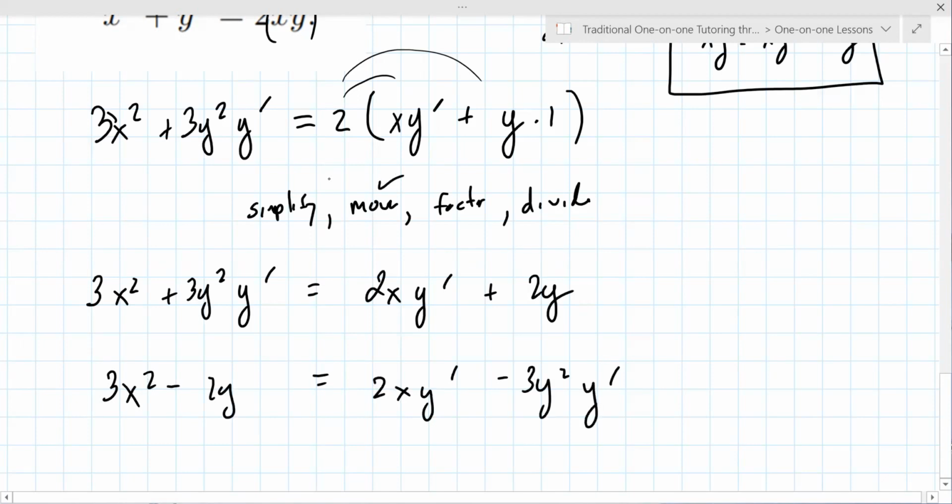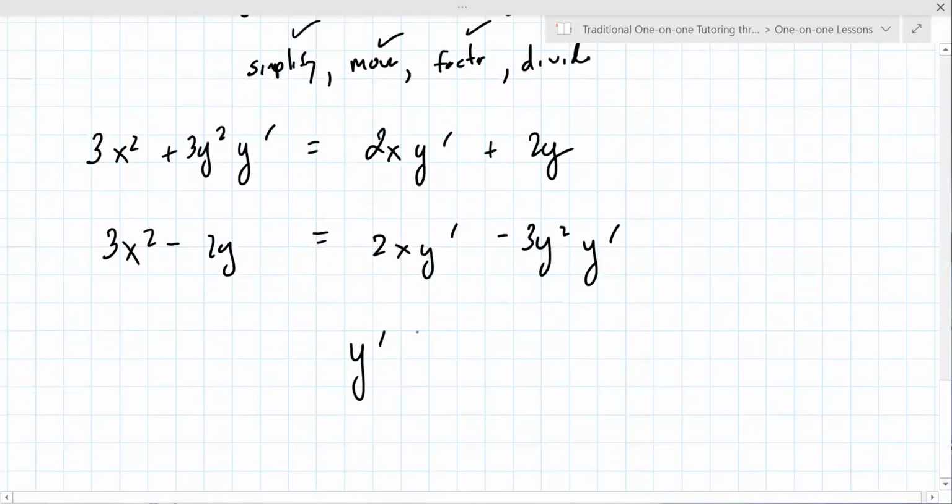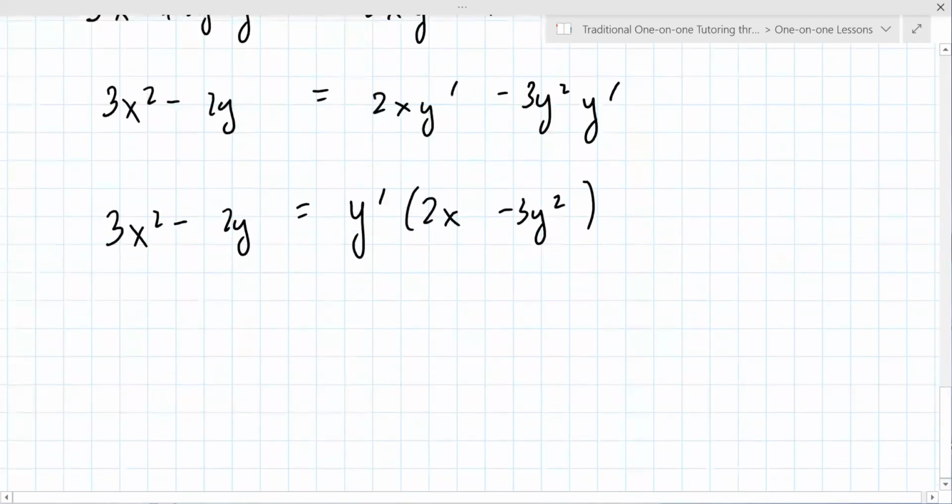And then now you factor. So 3x squared minus 2y equals y prime times (2x minus 3y squared). And then divide the other side by 2x minus 3y squared.